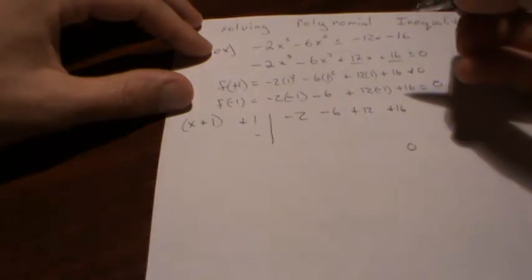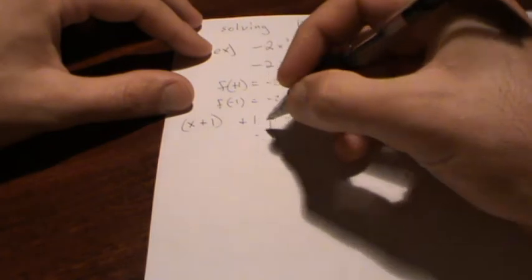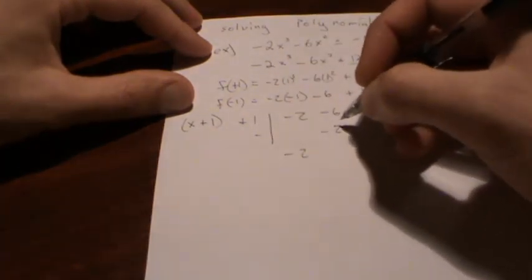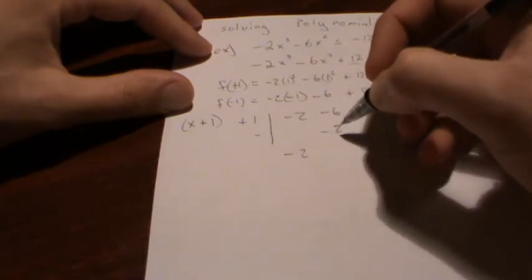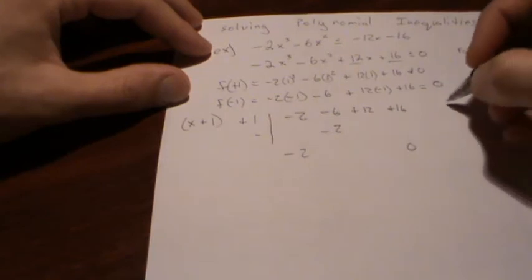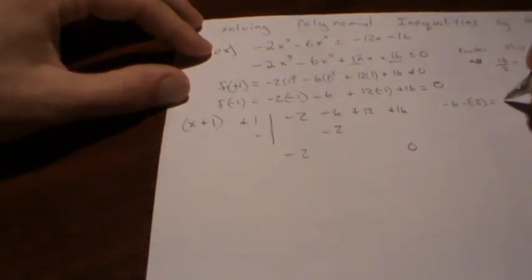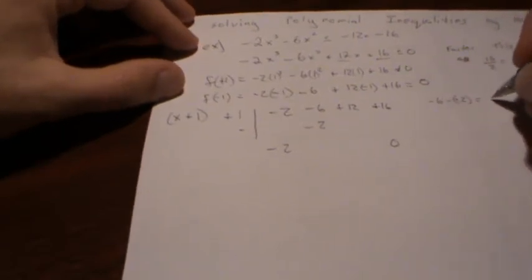Now I subtract, so I take this and I drop it. Negative 2. 1 times a negative 2 is a negative 2. And then I've got a negative 6 minus a negative 2. So that means it's a negative 6 plus 2, or negative 4.